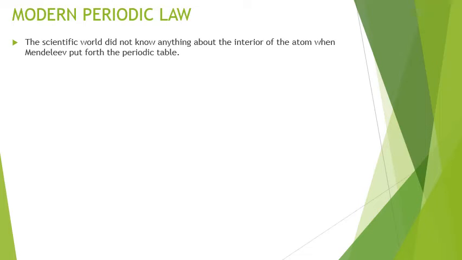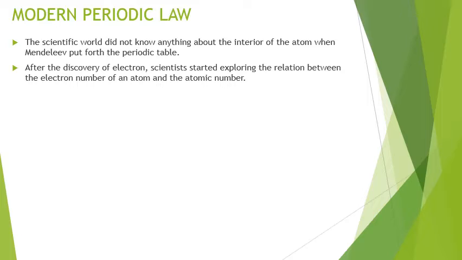The scientific world did not know anything about the interior of the atom when Mendeleev put forth the periodic table. After the discovery of the electron, scientists started exploring the relation between the number of electrons of an atom and its atomic number. They found that the number of electrons is equal to the atomic number.